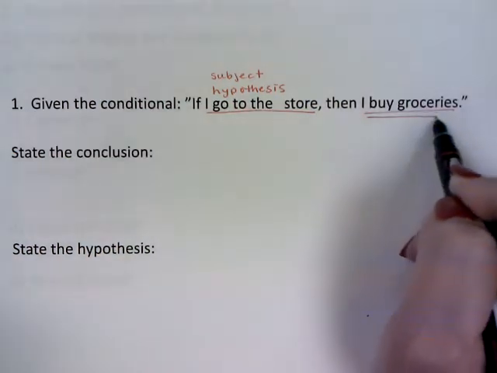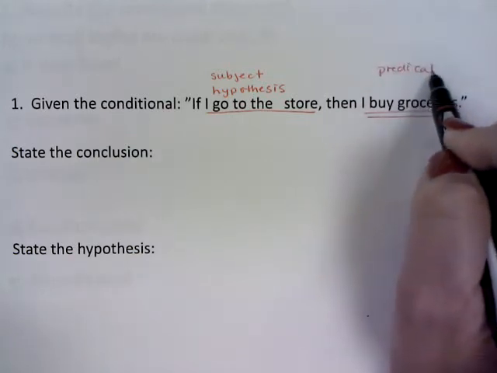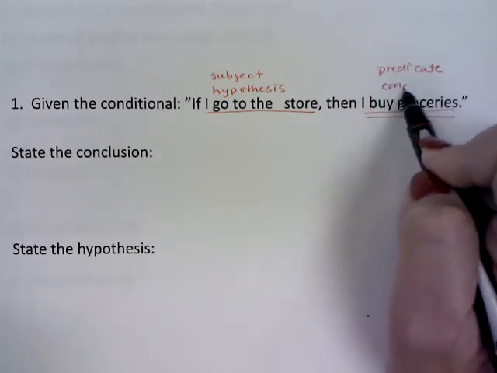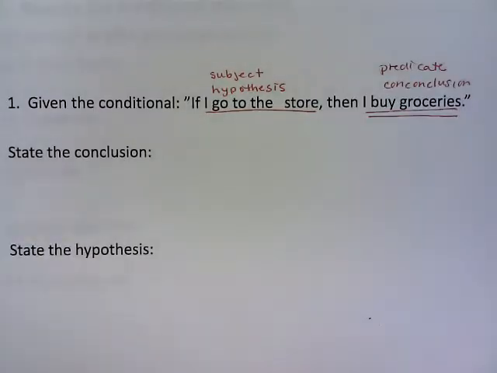Everything after the then is the predicate of my sentence and it is my conclusion. The if and the then are not part of the predicate. They are not part of the conclusion. The if and the then are not part of the hypothesis and not part of the subject.